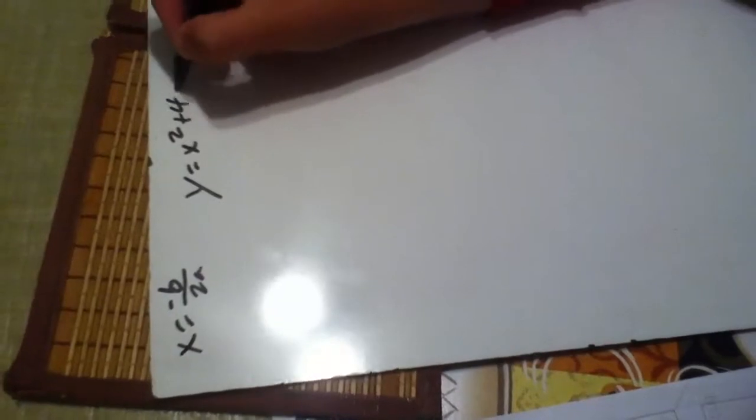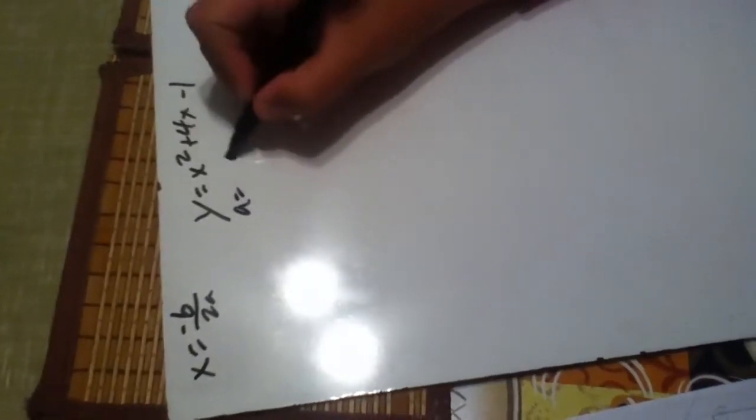So the first thing you have to do with an equation, here's the equation: y equals x squared plus 4x minus 1. First of all you have to find a, b, and c, which are coefficients.